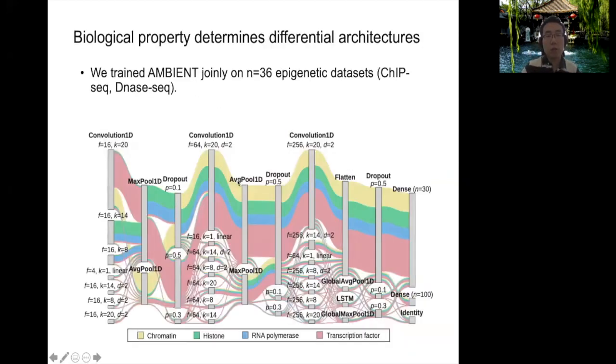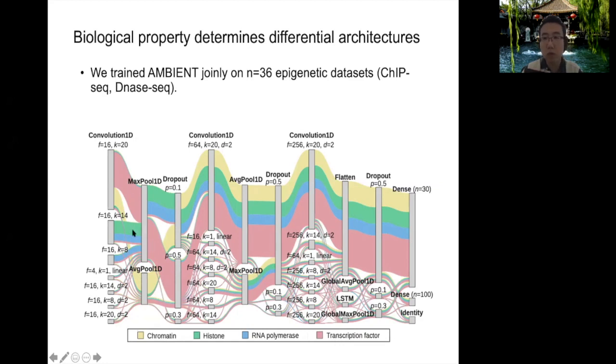So as a pilot analysis, we applied Ambient jointly on these 36 epigenetic datasets. And as a result, we do see that different biological datasets tend to use different optimal neural architectures. For instance, the chromatin openness datasets apparently prefer average pooling as the first pooling layer, while the transcription factor datasets will almost always use max pooling.